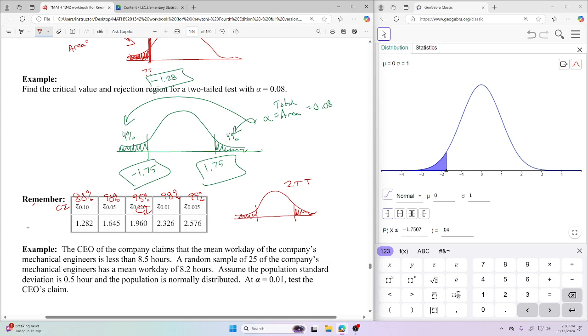Okay, so what are these values that they're giving us here? Haven't you ever noticed that they give us some weird numbers here that I never really use? But now we actually can use them, because these numbers are for the one-tailed tests. So if you have a 5% on one side, then you could just use this number, right?